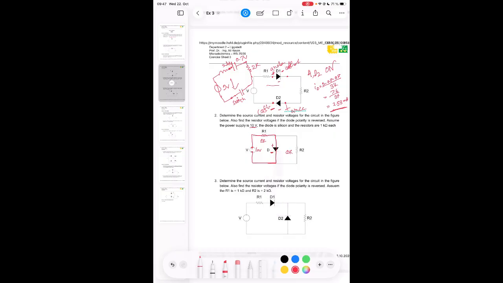So what is the current? We need to first figure out the mesh, mesh 1 and mesh 2. Do we have to apply mesh? I think so, but we have two meshes here, mesh 1 and mesh 2.